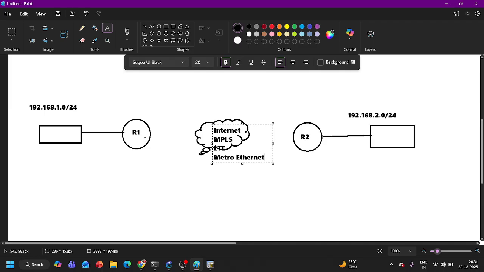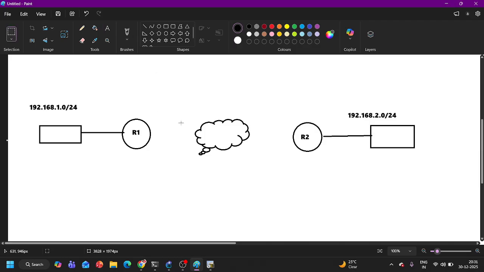If router 1 and router 2 both are reachable, means if you are pinging to the IP address of router 2 from router number 1, and you are getting the response, if there is connectivity, you can configure routing, but reachability must be there, right? Sometimes the router will be directly connected with each other, R1 and R2, if both are in same campus.